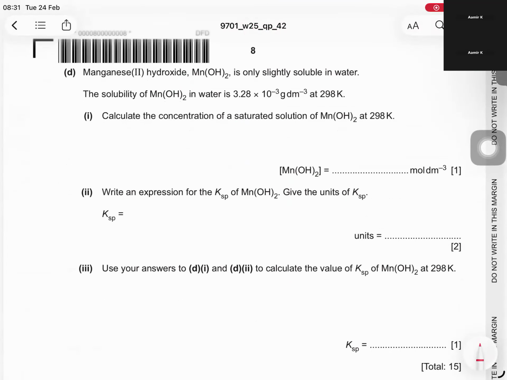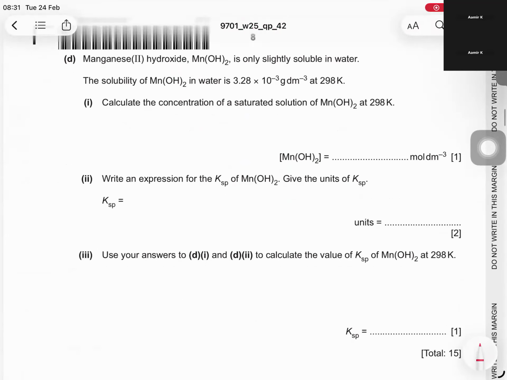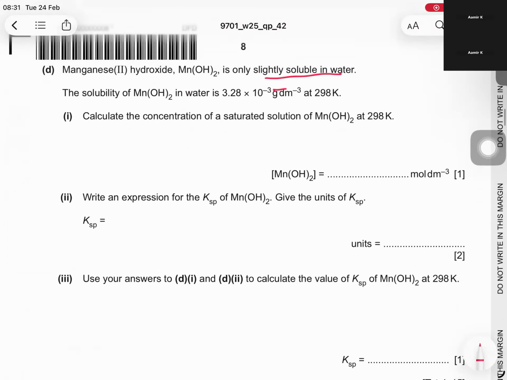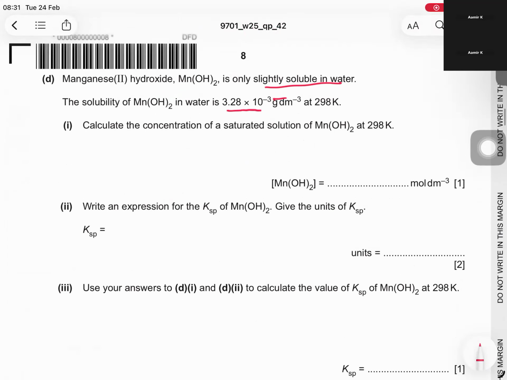Manganese hydroxide is slightly soluble in water and it's a sparingly soluble compound. The solubility is 3.28 grams per dm³ at 298 Kelvin. Calculate the concentration of the saturated solution. तो concentration अगर आपको निकालनी है, जो कि ग्राम पर डीएम क्यूब में दिया हुआ है, उसको उसके Mr से डिवाइड कर दें, तो वो obviously मोल पर डीएम क्यूब बन जाएगा.